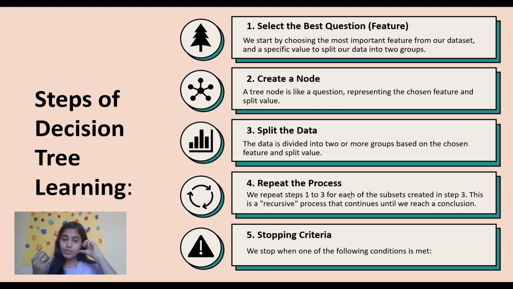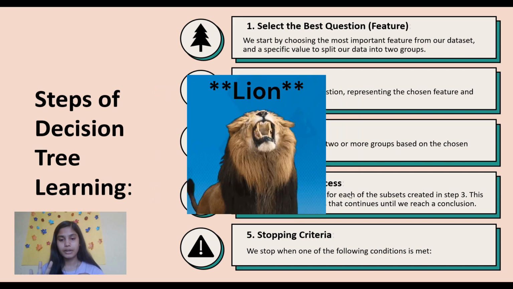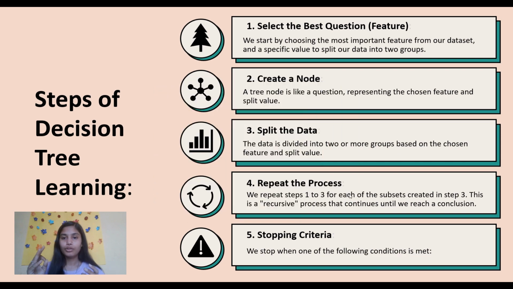animals in which we have giraffe, zebra, and tiger, these three things, and we want to divide the animals which have stripes and the animals which do not have stripes. So we will choose this attribute, which is the color of the skin of the animal, and the classifications are having stripes and not having stripes.